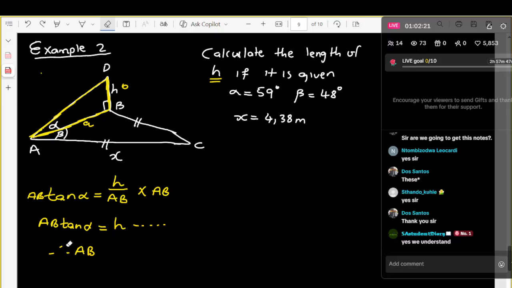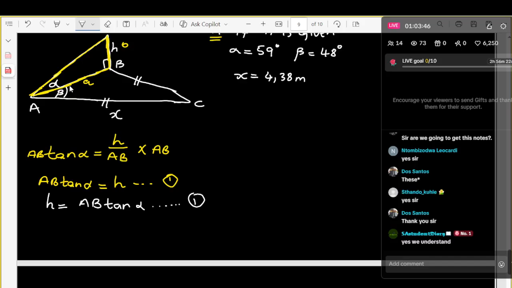Okay, so look at what I'm going to do now. I have beta, and if I have beta, this tells me that this angle will also be beta.